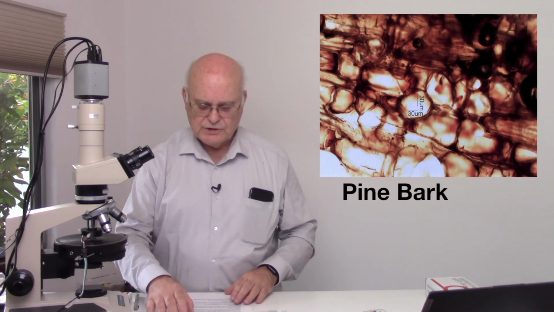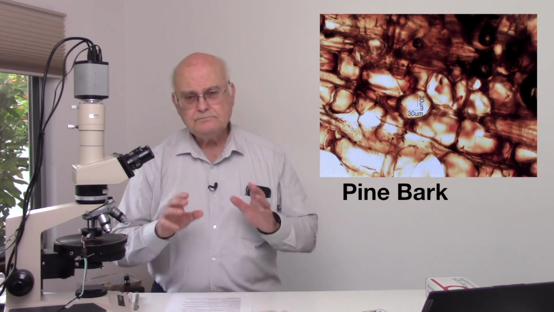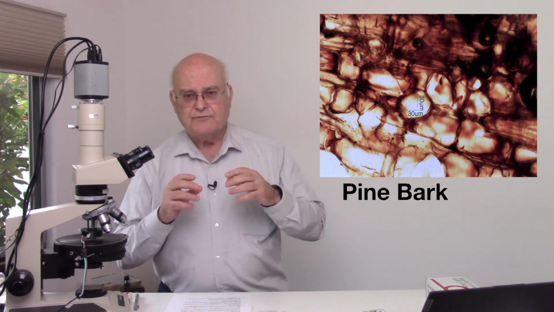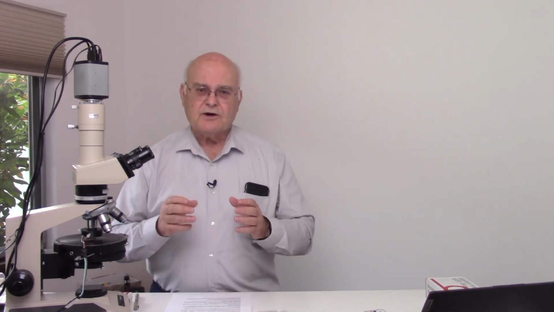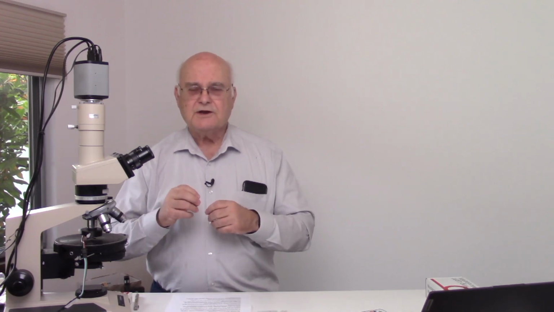Some barks just look like foam when they're charred. Others show very irregular patterns. These are the lignin-rich areas that give the bark its stiffness, its strength.